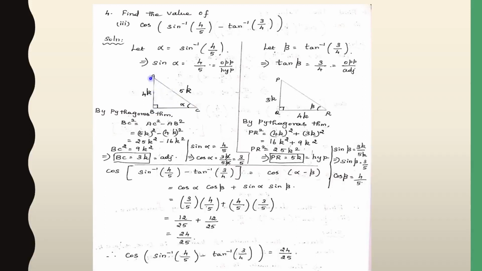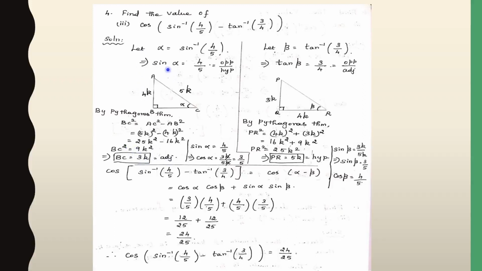Here we know AC but not BC, so BC square equal to AC square minus AB square. AC square's value is 5k the whole square minus AB's value 4k the whole square. Squaring, we get 25k square minus 16k square. Subtracting, we get 9k square. We need the value of BC, so removing the squares we get 3k. That is the adjacent side.